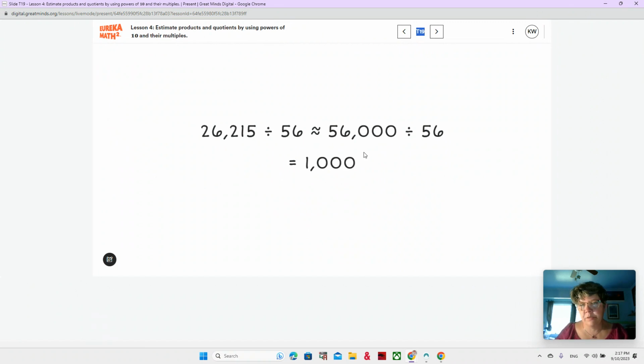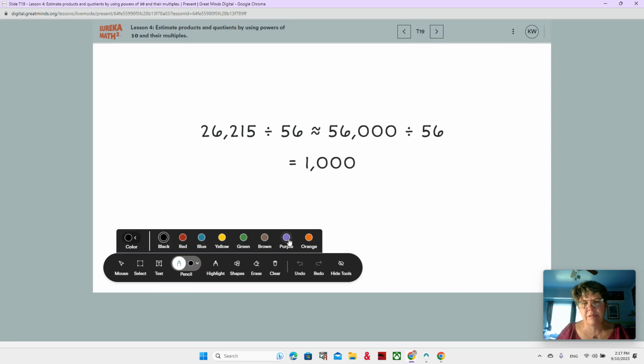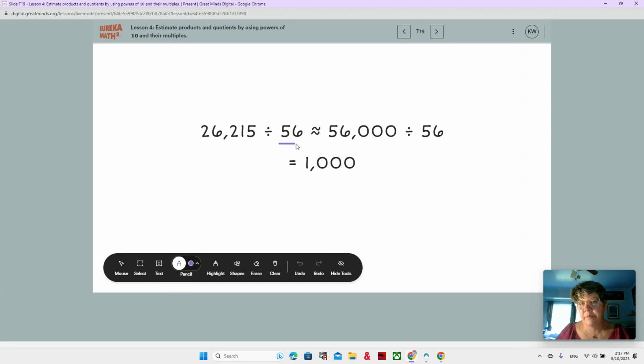So here's what a student did. He estimated 56,000 divided by 56. Why did he say 56,000? Because he was thinking about a number that's easy to divide by 56, right? 56 times 1,000 equals 56,000. So 56,000 divided by 56 equals 1,000.